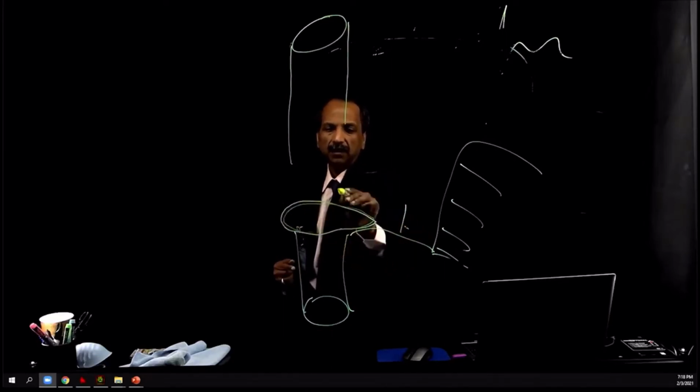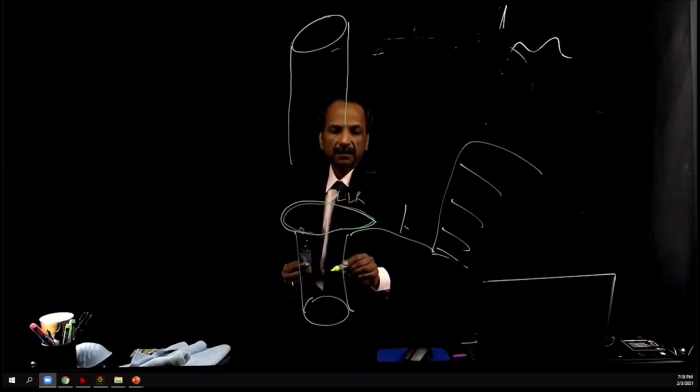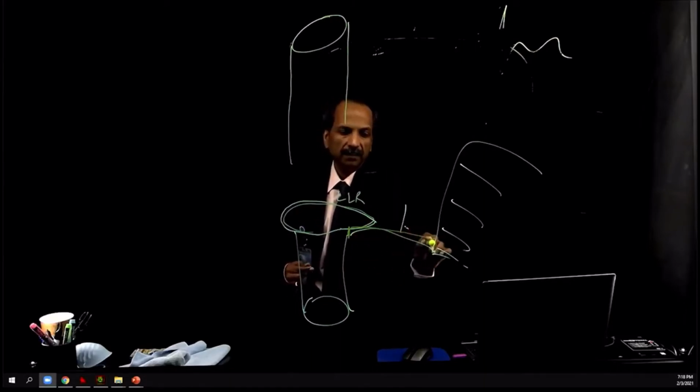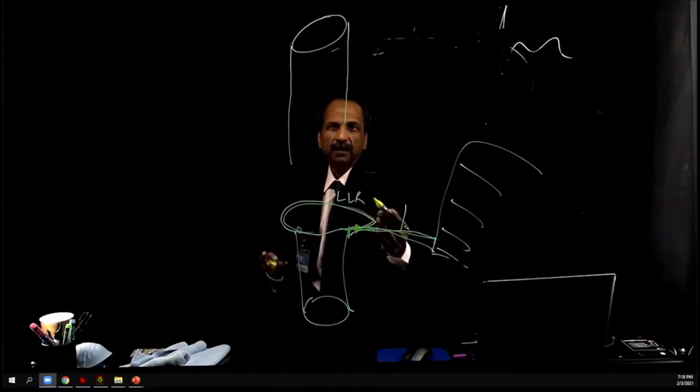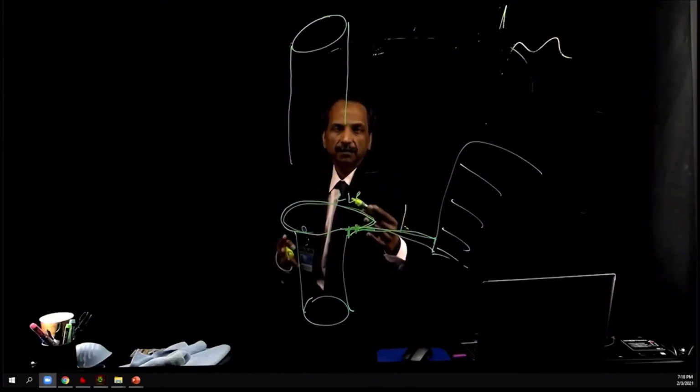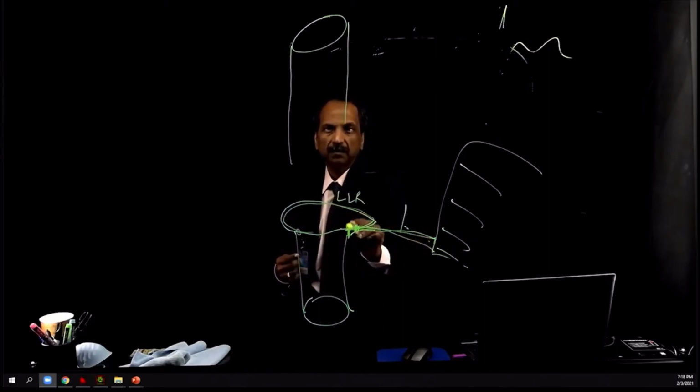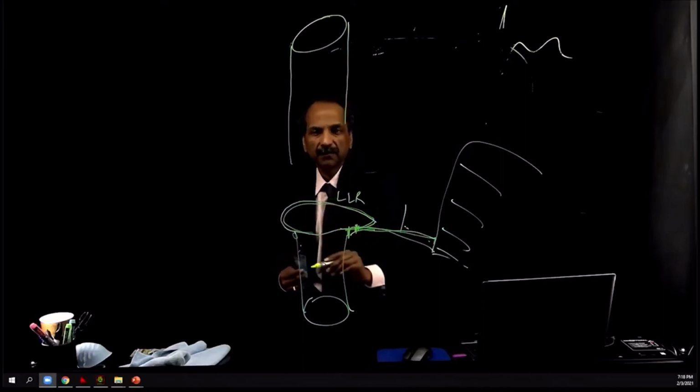This is our lower loop re-entry. If we ablate a standard flutter line, cavo-tricuspid isthmus, it transects this critical tissue for this type of re-entry. And that's why we rarely think about mapping or ablating lower loop re-entry separately. Cavo-tricuspid isthmus will take care of lower loop re-entry.